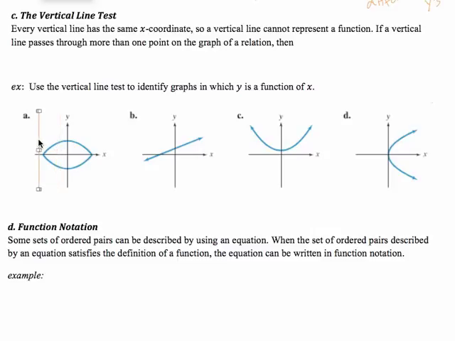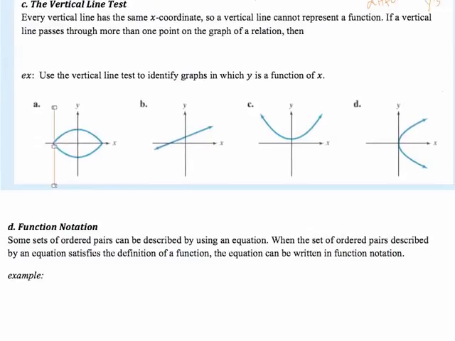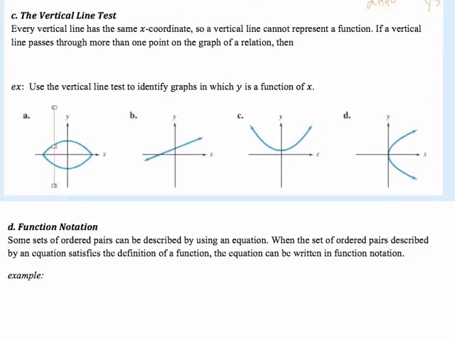Oh, I do have a good way. Here we go. So we're going to move this line across, and this one right here is actually not a function because right here we're touching 2 points at the same time.